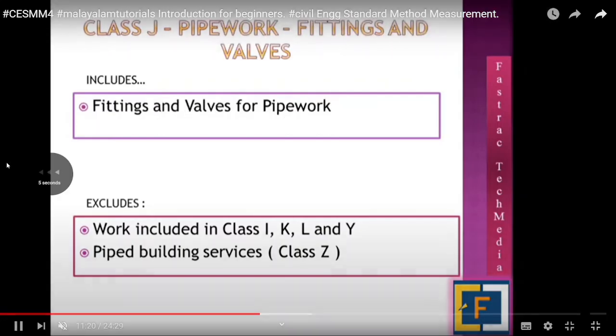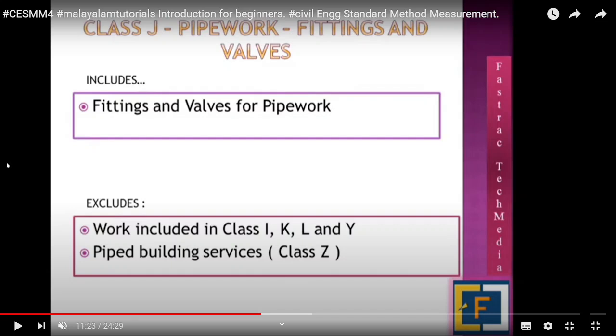Again, class I we already mentioned, so that is not included. Still we don't know what is included in class I. Then how can you say? So piped building services, class Z. Fittings and valves for pipework.